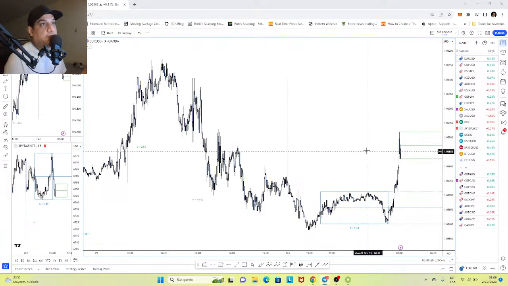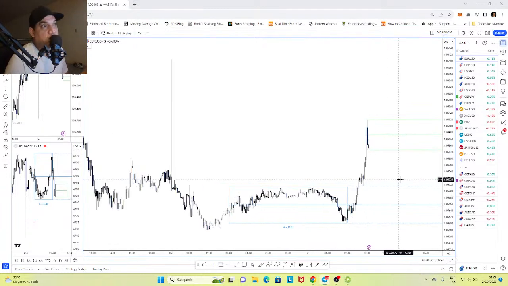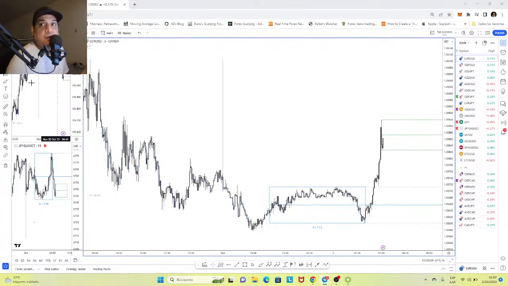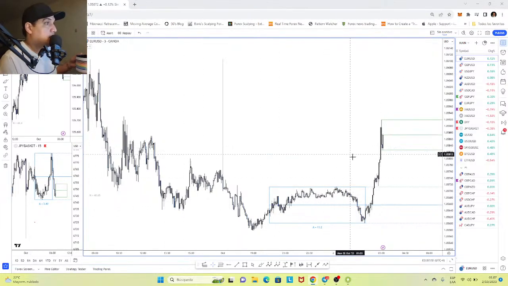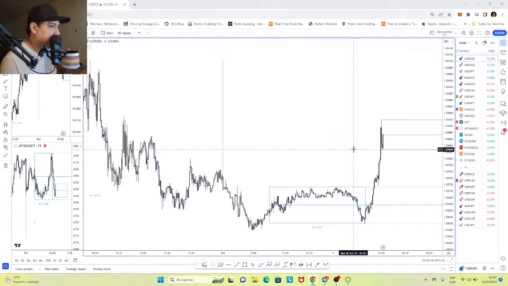Remember that I trade with pending orders, so I never enter at market. I mean, if I have the setup right there, I'll enter at market, but very rarely.